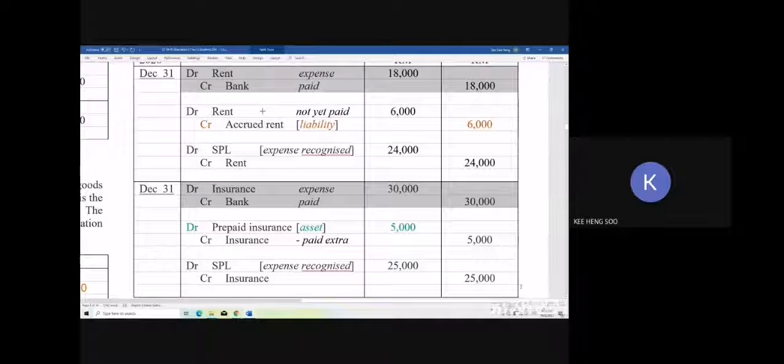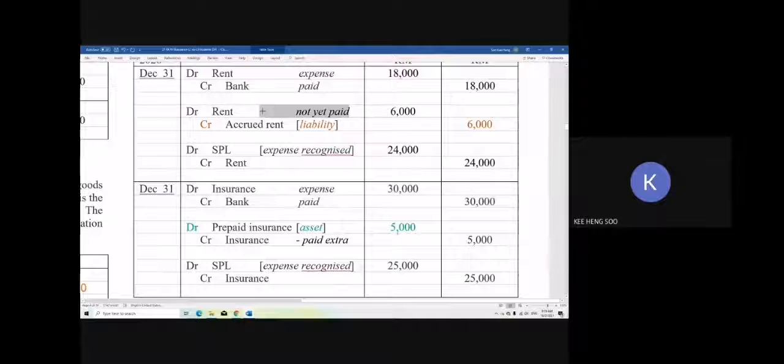In order to be fair, you need to add what is not paid, and you need to minus whatever you pay extra. Who tells you that? The accrual concept.